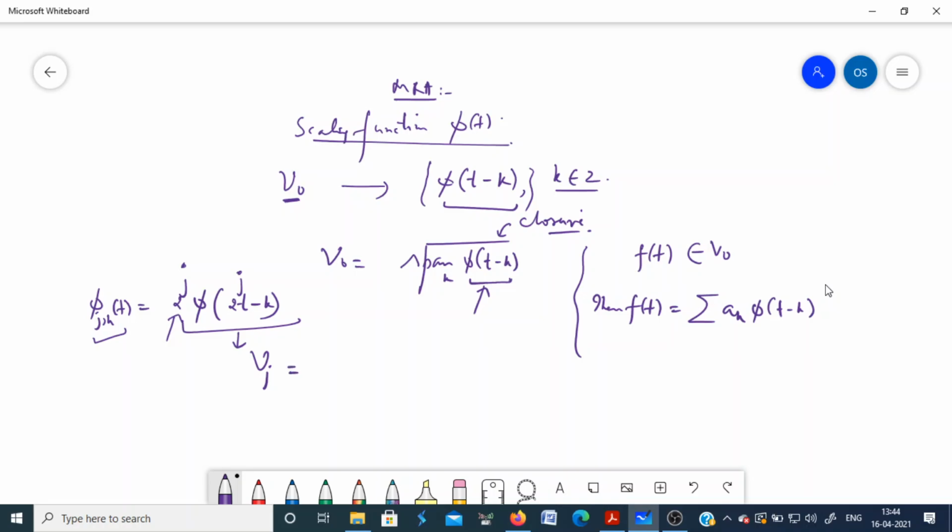So Vj is the span of phi j k of t over k.